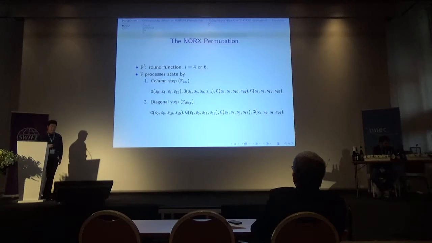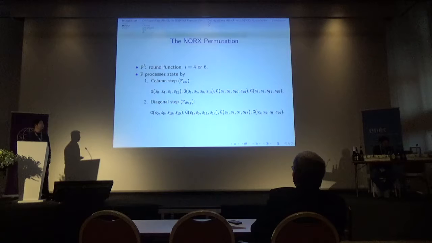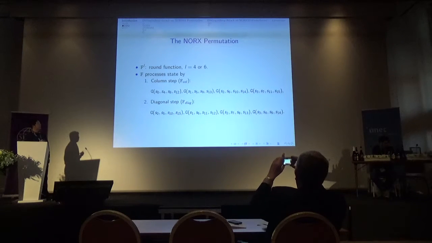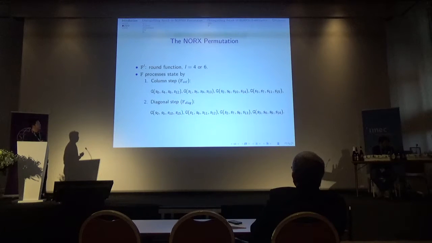Now let's look at the NORX permutation. The permutation is denoted by F^L, where L is either 4 or 6. Here we just consider the 4 round case, and F is a round function. It has 2 parts. The first part is a column step, and the next part is a diagonal step.